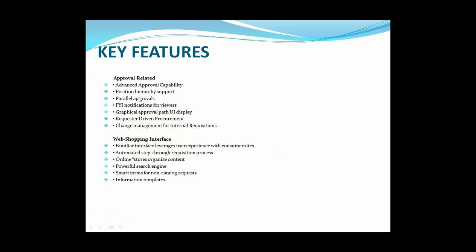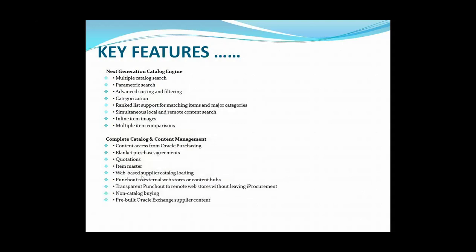Then with respect to the web shopping interface, we have powerful search engines. We have the concept of smart forms for non-catalog requests. We have another concept of information template, right? We have the next generation catalog engine in this iProc.